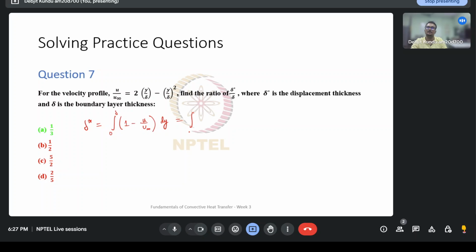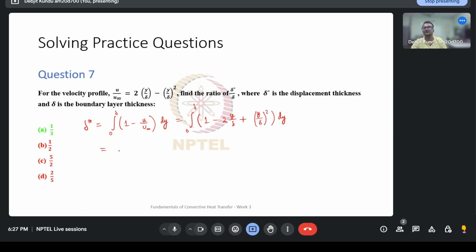So if we now replace u over u infinity by the profile that we know, we'll get 1 minus twice of y over delta, and the two minuses cancel each other out and give us plus y over delta whole squared, and this thing integrated with dy from 0 to delta.